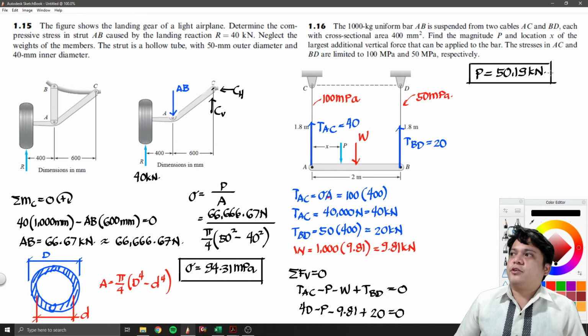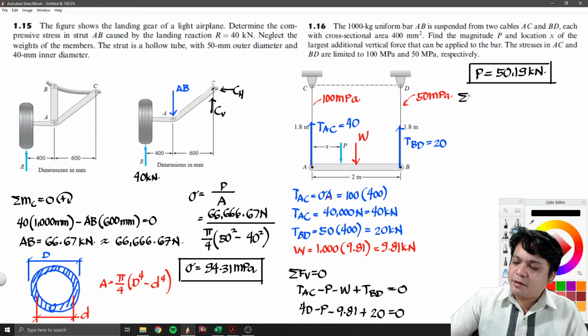How about the location? I can take the moment at any point. So I could take the moment about A equal to 0, clockwise is positive.